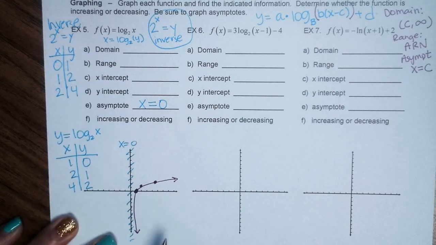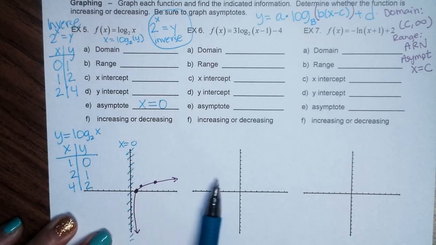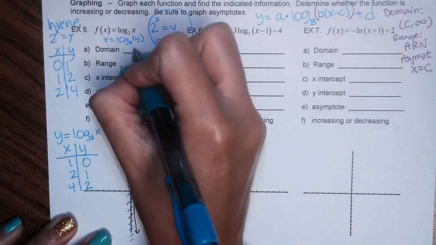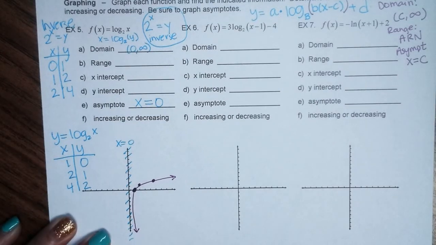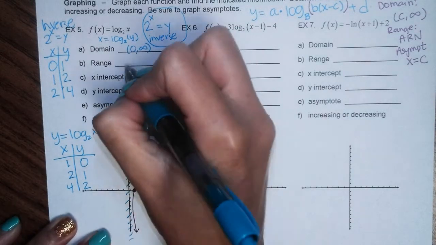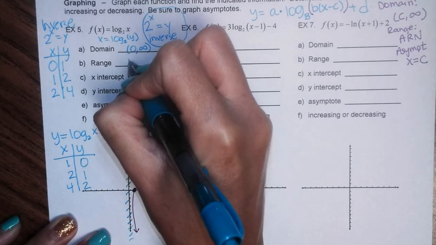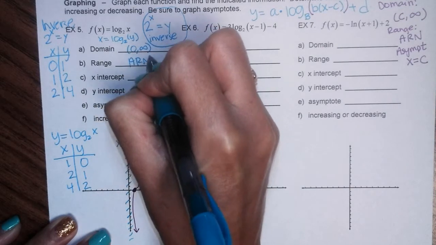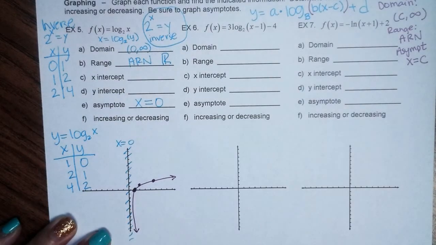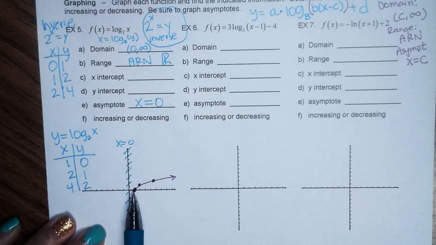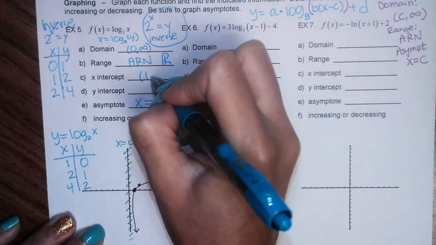The domain: the x values will be from 0 to infinity, but not including 0. The y values will be all real numbers always for all of the logs. The x-intercept, you can see on the graph, is (1, 0).